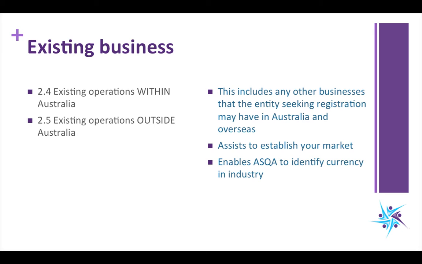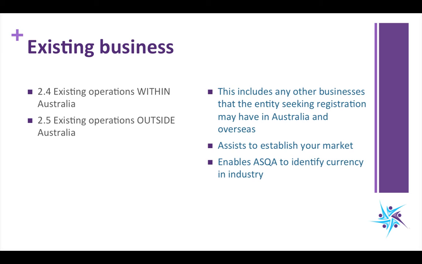If you're currently delivering non-accredited training overseas, we'll need to declare that down the track if you decide you want to deliver accredited training under your RTO status. But we can deal with that later on down the track. I wouldn't declare it at this stage, but at 2.5, this will give ASQA an idea of where you are now and that you may possibly want to deliver training overseas.